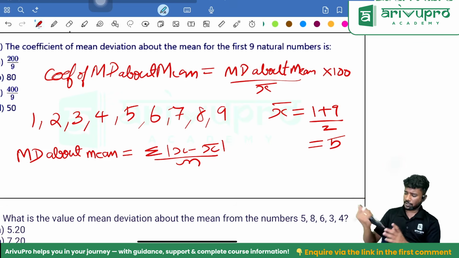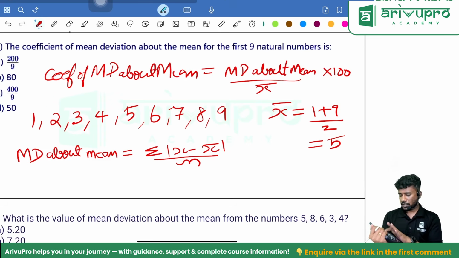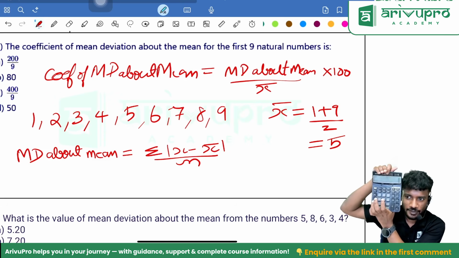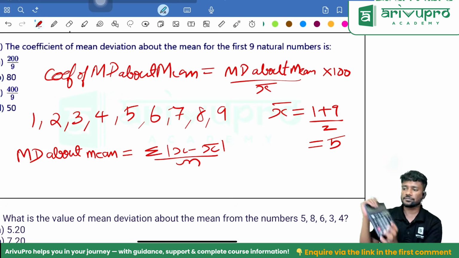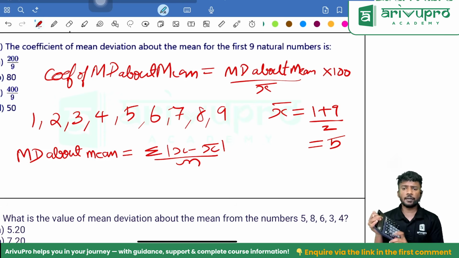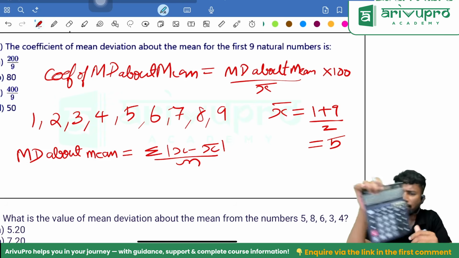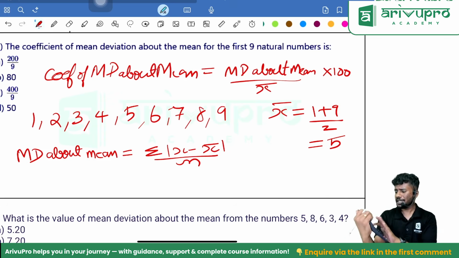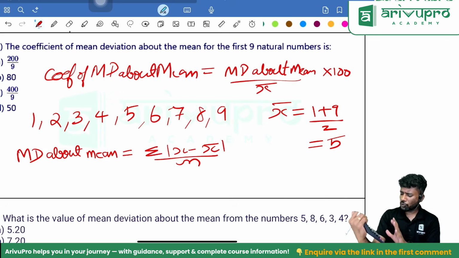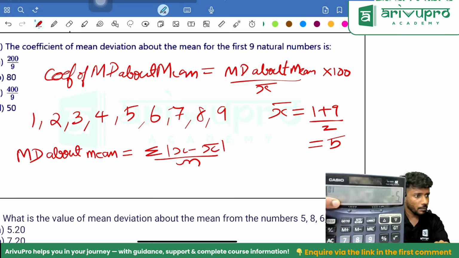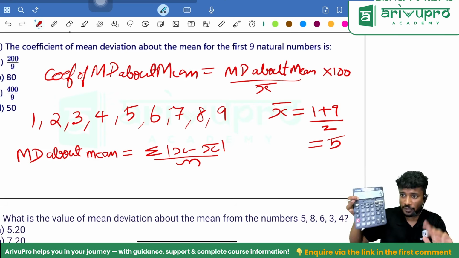Now, take your calculator. Type 8 on your calculator. Then click M minus. Now you click MRC. You are getting minus 8. Now, clear the memory. Now you type 5 and change the sign. It is minus 5.